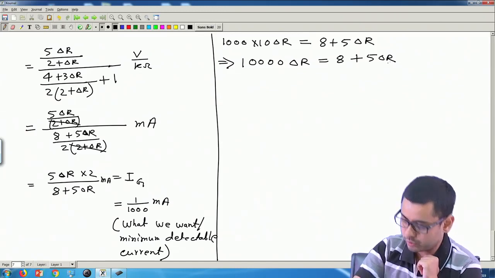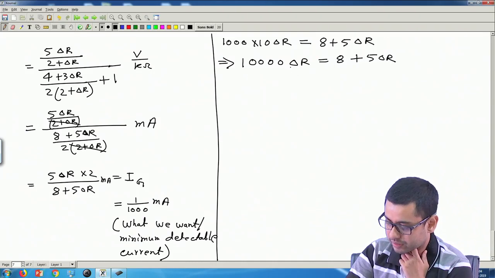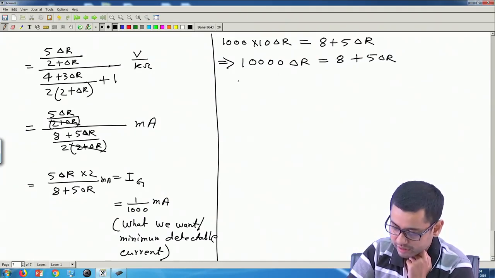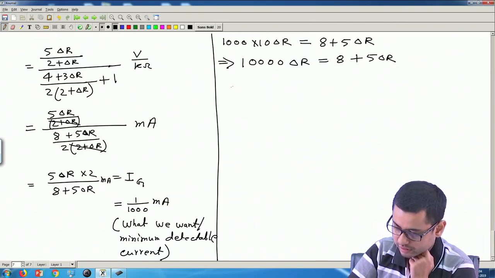You can put the exact value and find delta R using a calculator, but let me do it with an approximation because I do not have a calculator.